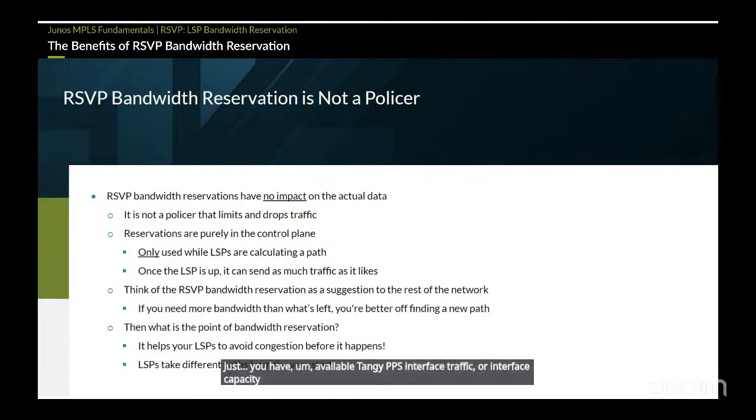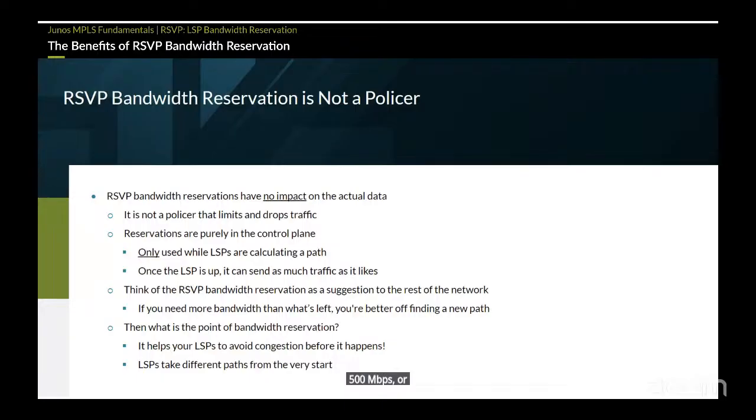You can reserve 500 Mbps for one customer for one LSP. Okay, that's the calculation. But this is not the actual policy, not a bandwidth limiter. So RSVP bandwidth reservation has no impact on the actual data. It is not a policy that limits and drops traffic. It will not drop or limit the traffic.